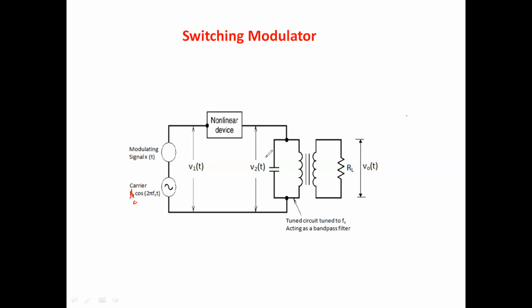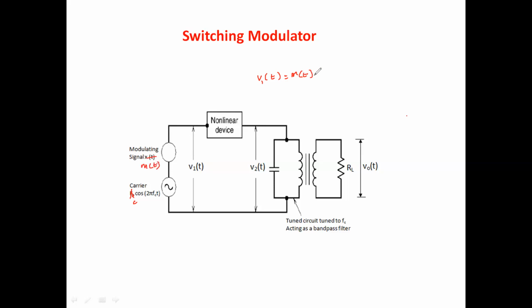So what is V1 of t? According to the circuit diagram, V1 of t is nothing but m of t plus c of t. Let me take this as m of t for easy understanding.